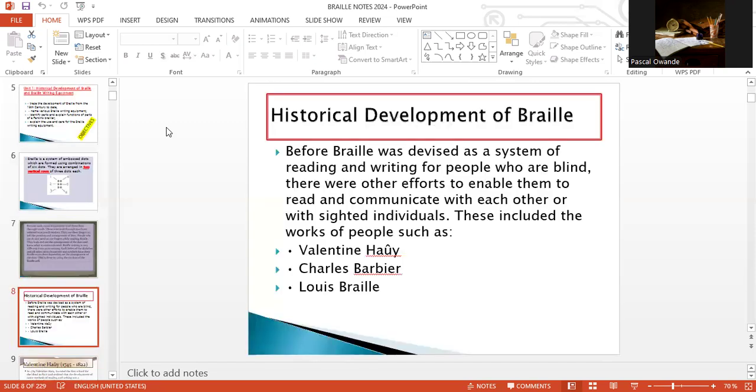We also look at the historical development of Braille. So under the historical development of Braille, before Braille was derived as a system of reading and writing, of course, for people who are blind, there were other efforts to enable them to read and also to communicate with each other or with the sighted individuals.